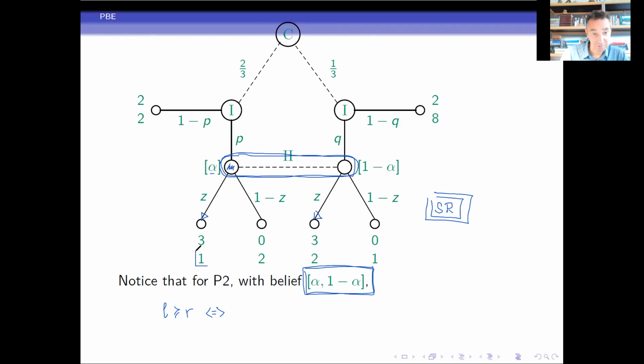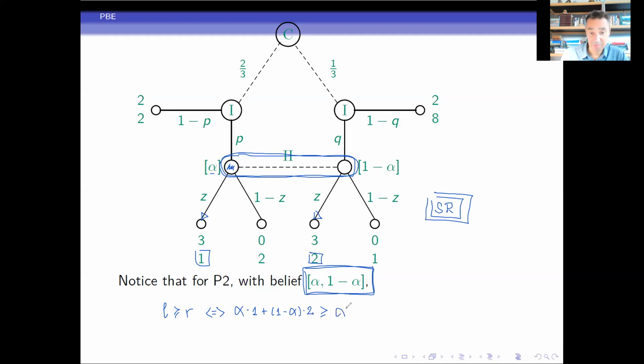And if you then move to the left, you get 1. So going to the left gives you expected payoff of alpha times 1, plus, with probability 1 minus alpha, you're in the other node. And if you then move to the left, your payoff is 2. And that should be bigger or equal than what happens if you move to the right.